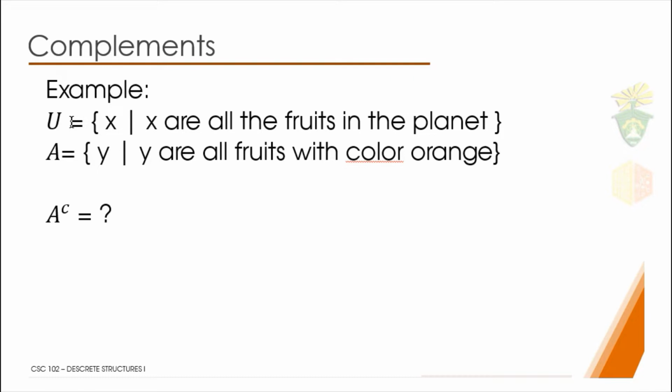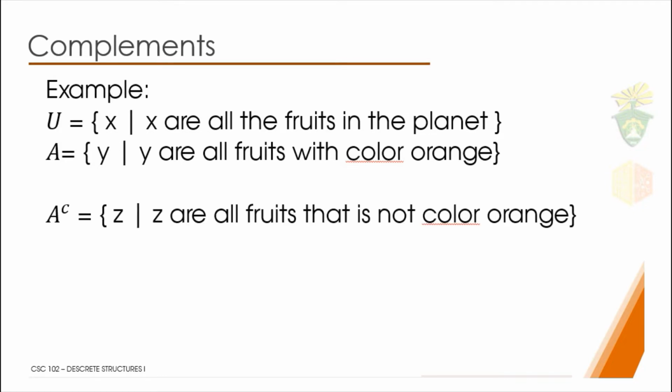Now we have another set, which is the set A. Here, the set A only contains those fruits that are color orange. Now, what do you think is the complement of A?